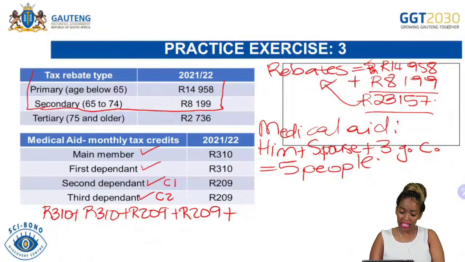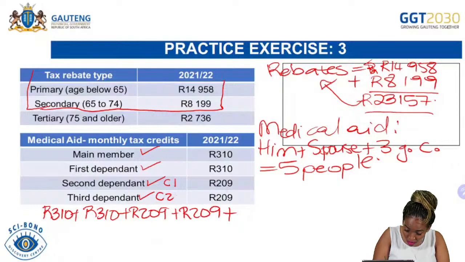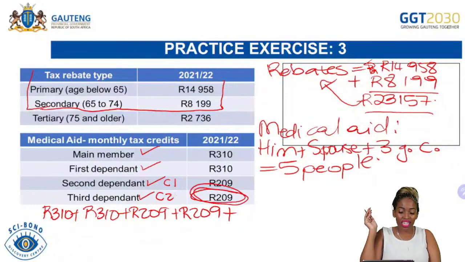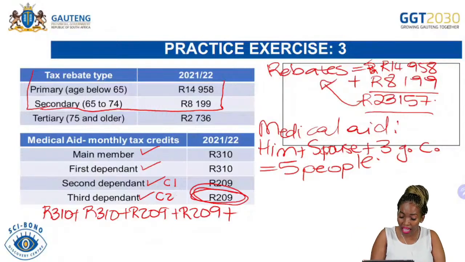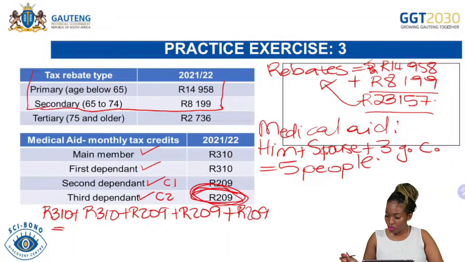Plus, remember, there's a third child because there's 3 children. Now our table ends at 209, at child number 2. What does it mean? Everyone else that is coming, all of them are going to get this 209. Any additional person that is coming after here, they are all going to get the 209. Therefore, we are going to say this plus the 209. Then let's do our math.